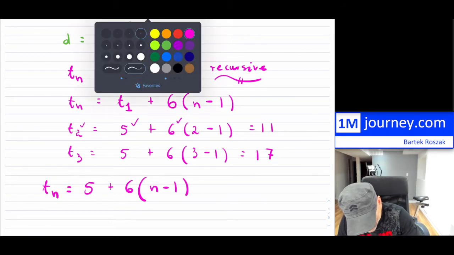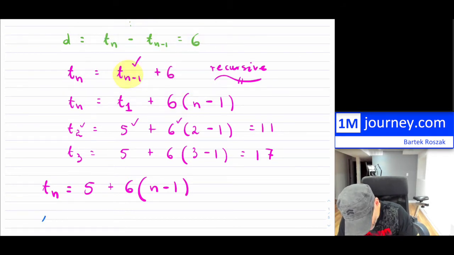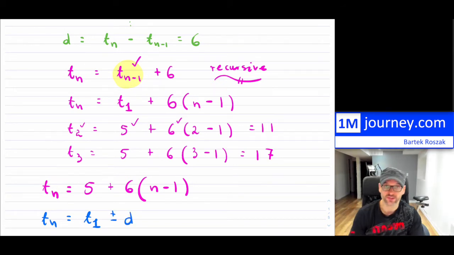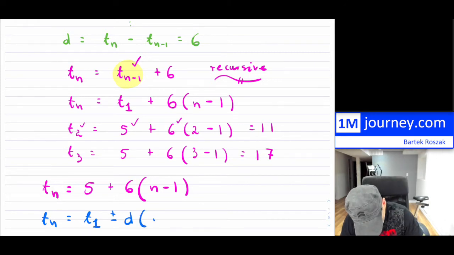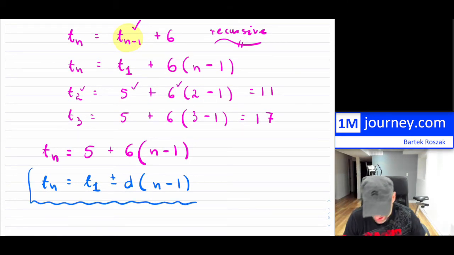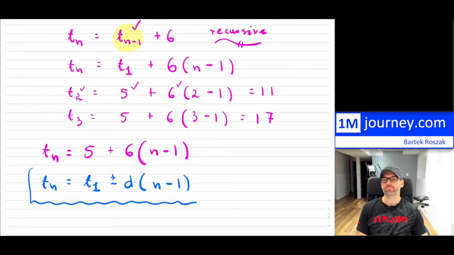And in general, for any arithmetic sequence, you take your first term, plus or minus whatever your difference is, depending on whether you're increasing or decreasing, and then multiply by n minus 1. That is your general formula, in order to be able to find any term.